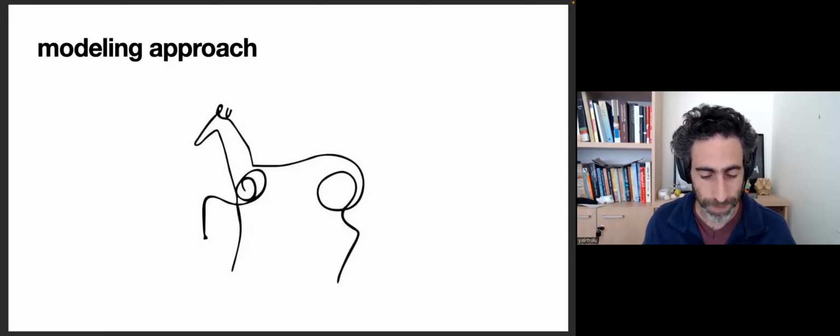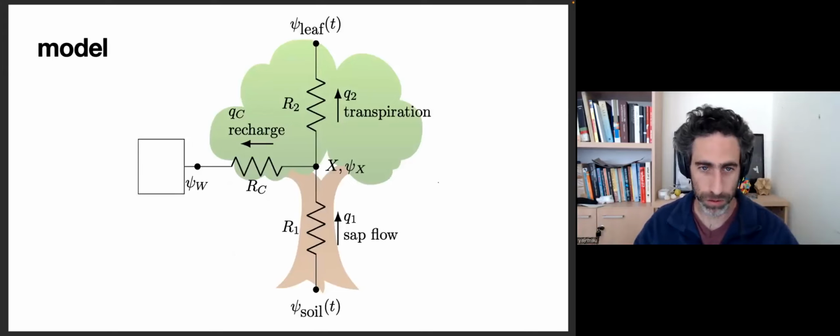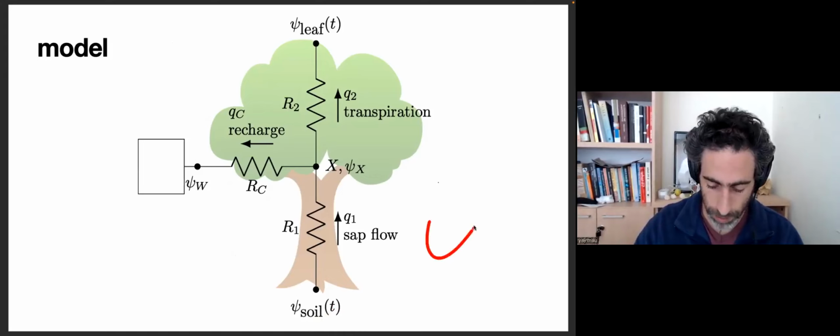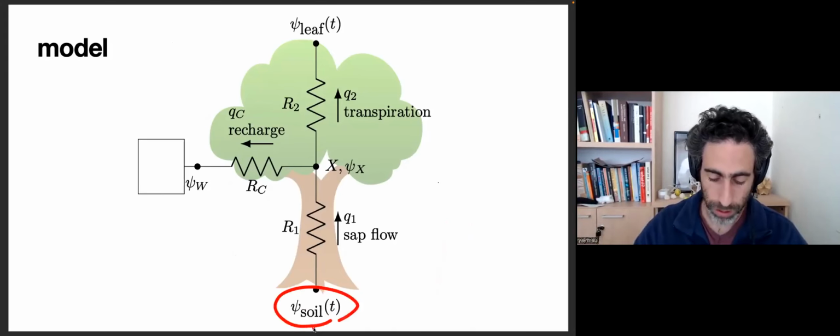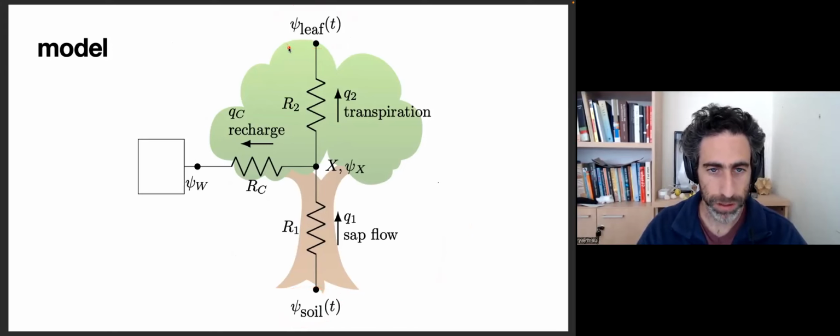All right. Okay, so this is my model. I don't have any equations to show, although they exist, but that's enough for us. So I have a tree. I have this symbol psi. This is the water potential, or you can think of it as the pressure of the water in the soil. And this is the water potential in the leaves.